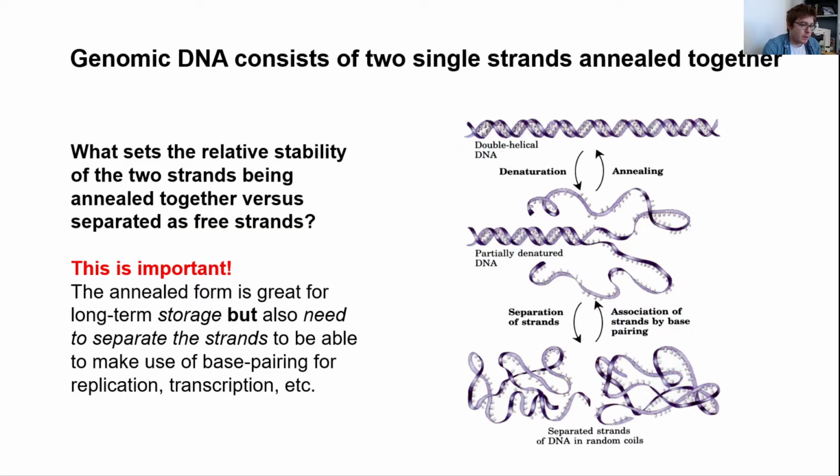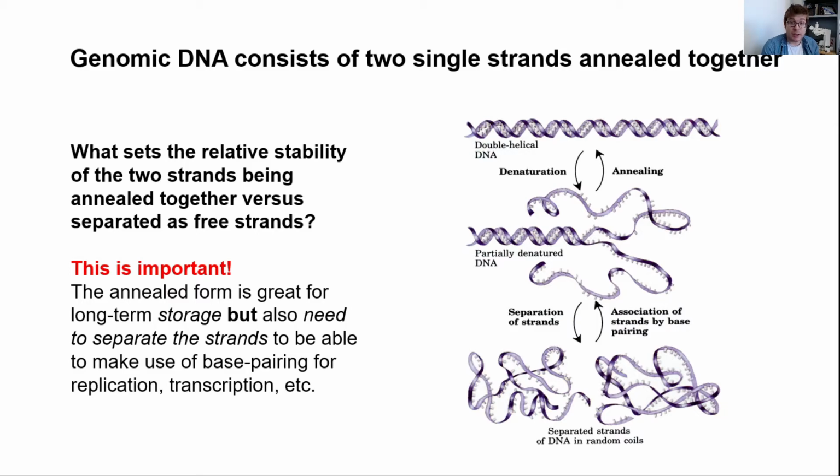Now, one of the interesting things, though, about storing your genetic material in these nice B-form helices like DNA is that those strands are going to exist in some mix between perfectly double-stranded and annealed and strands coming apart into single-stranded structures. And so what's going to set the relative stability of the two strands that are being annealed together versus separated as free strands?